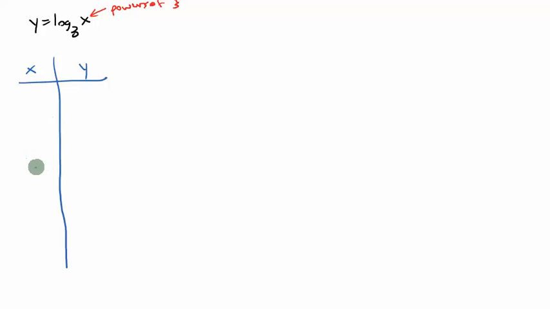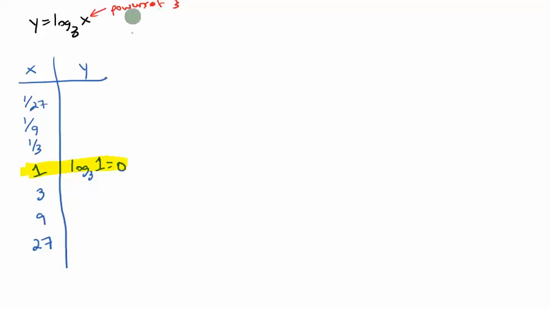Okay, so I'll put in 1, 3, 9, 27, and then I'll put in those reciprocals, 1/3, 1/9, 1/27, and I could keep going in both directions if I wanted. I already know that if x is 1, y is 0, because I have log base 3 of 1, and 3 to the 0 power is 1. So that's that point we mentioned before that's always on the graph of a log parent function.